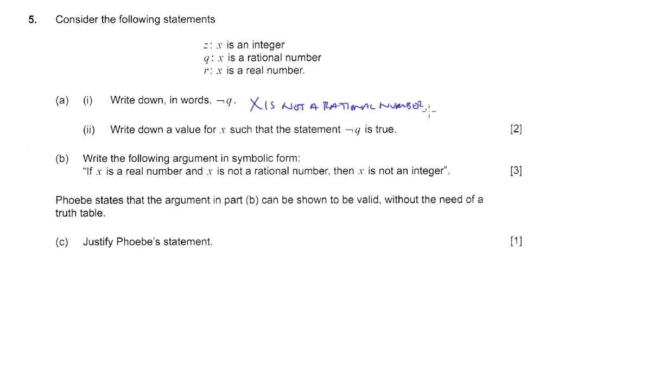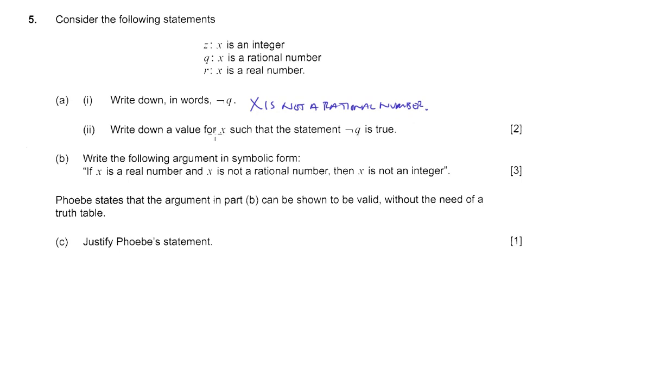I would imagine that we could also write x is an irrational number, but x is not a rational number should work out just fine. So let's just leave that.